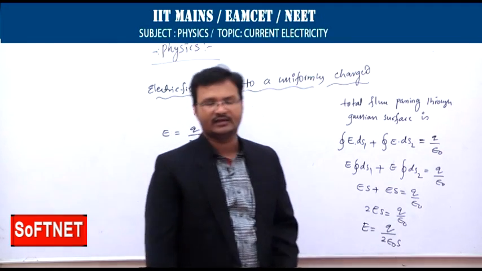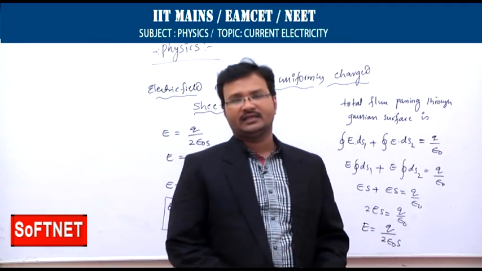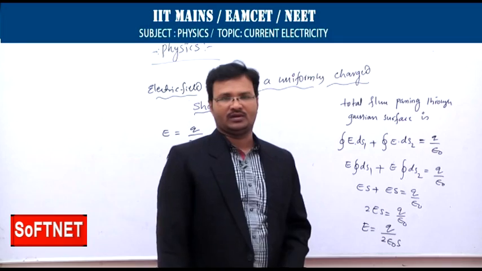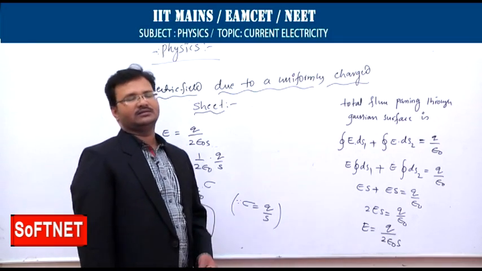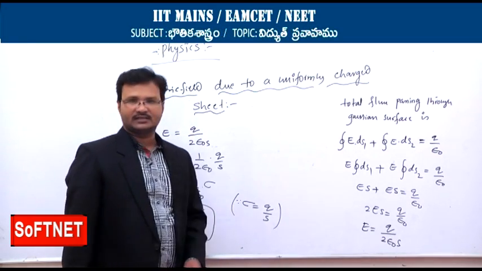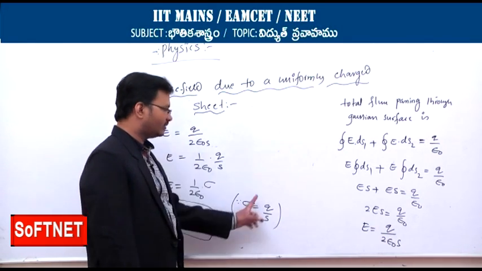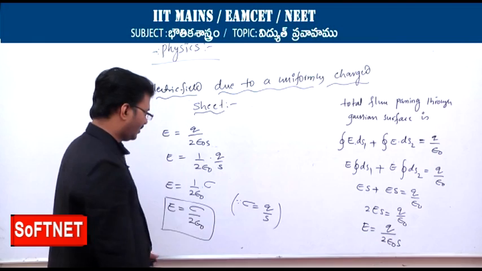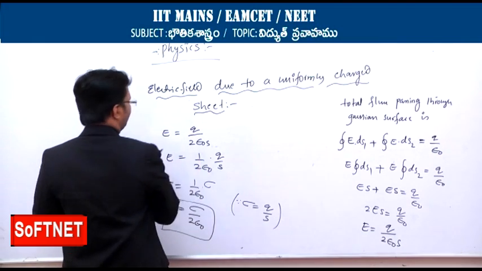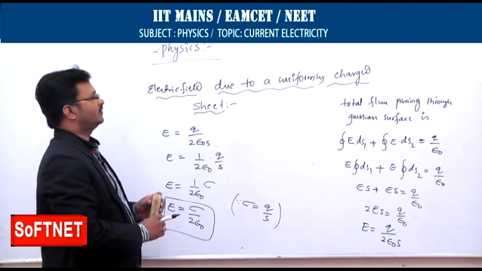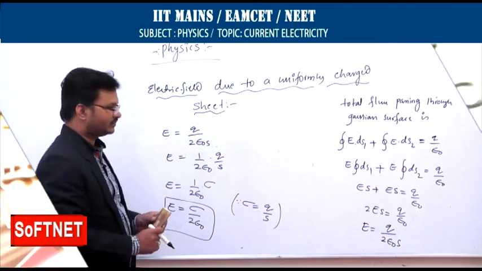The definition of surface charge density is the charge existing per unit surface area. Sigma equals q by S. This is the second application of Gauss law.